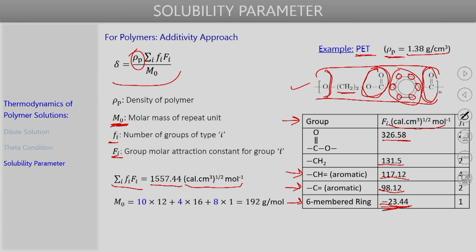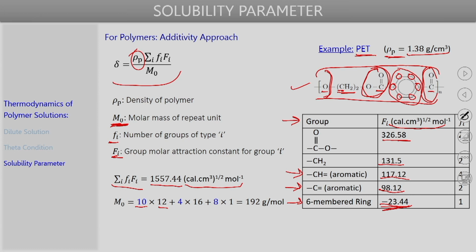Next, the molar mass of the repeat unit. If we consider carbon atoms first, there are 2 carbon atoms here, one here, so 4 plus 6 carbon atoms in the 6 membered ring present. So, we have 10 carbon atoms, and if we approximate the molar mass of carbon to be 12 gram per mole, we get 10 times 12, plus we have 4 oxygen atoms.